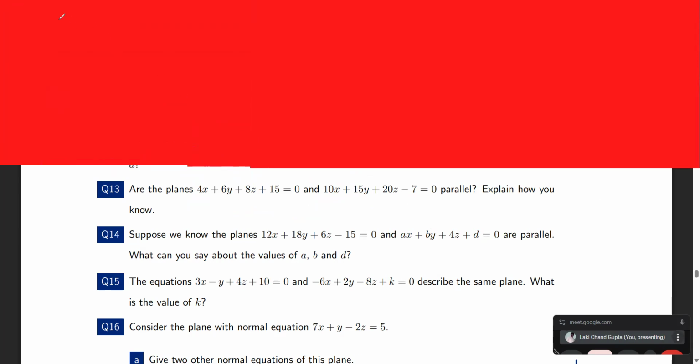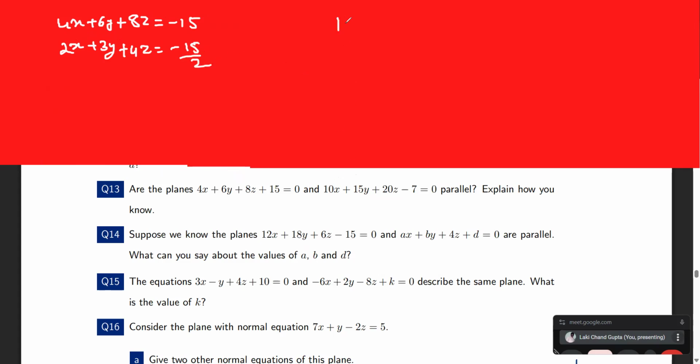See, 4x plus 6y plus 8z is equal to minus 15. Take 2 common. It becomes minus 15 by 2, right?